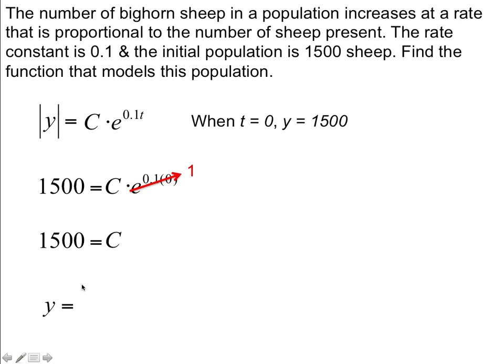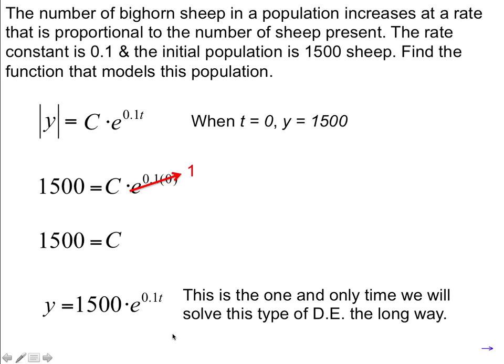So the function then that describes the population of sheep is going to be 1,500 times e to the 0.1 t. So if you notice, we were able to write an expression for it using the law of exponential change. And so that's kind of going through it the long way, separating and integrating that differential equation.